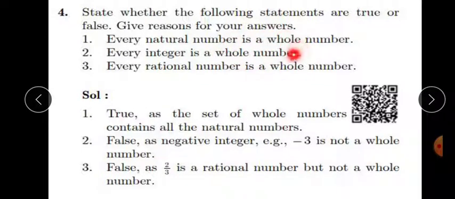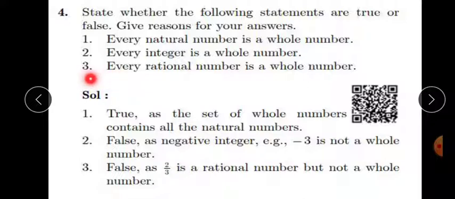So every integer cannot be a whole number. So the answer is false, because negative integers cannot come in whole numbers. Got it clear? So negative numbers are not included in the set of whole numbers. So we can say every integer is not a whole number.